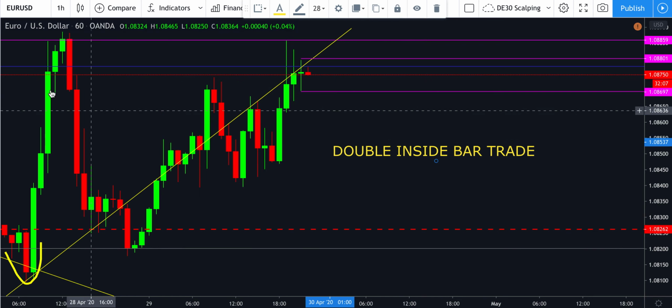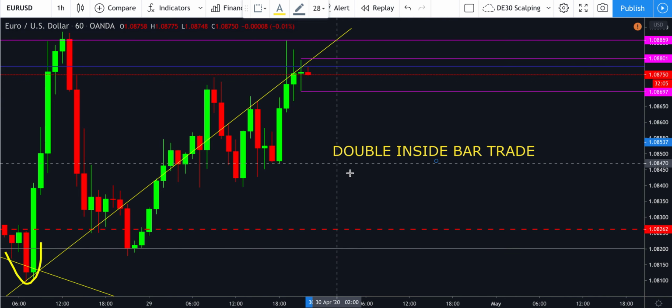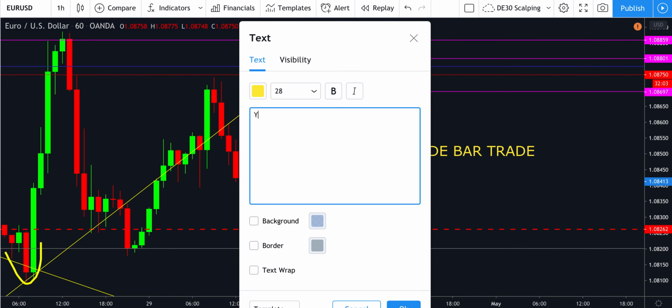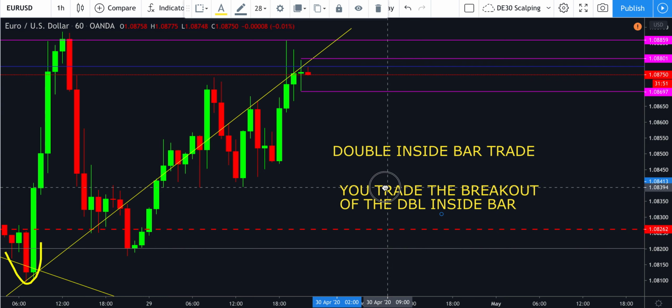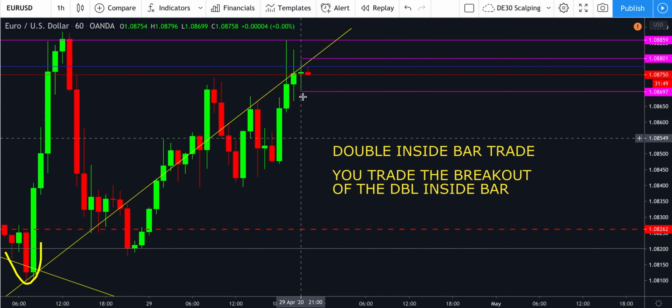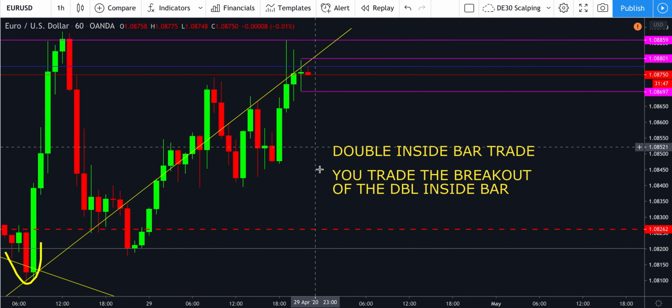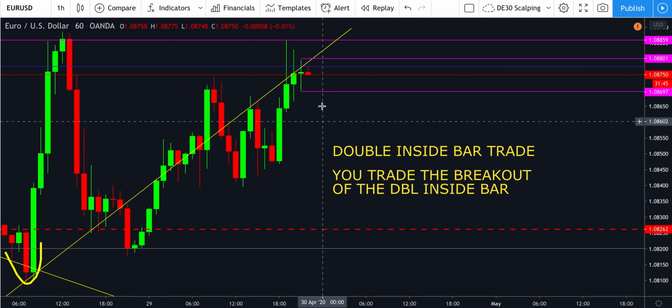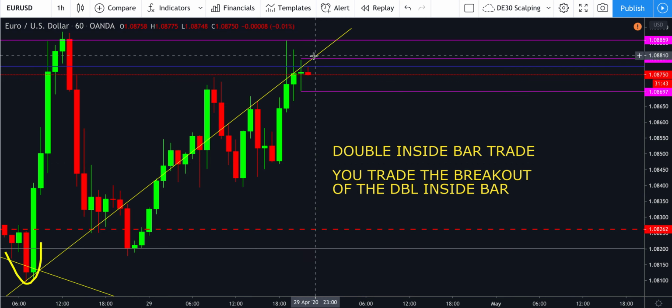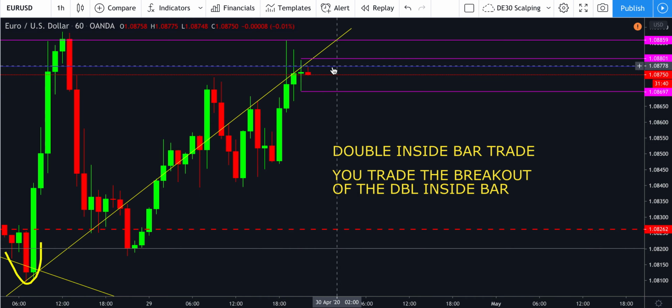So you trade the breakout of the inside bar, the breakout of the double inside bar. Of course, this is going to be short-lived, because if price stays in this area, it can continue higher.